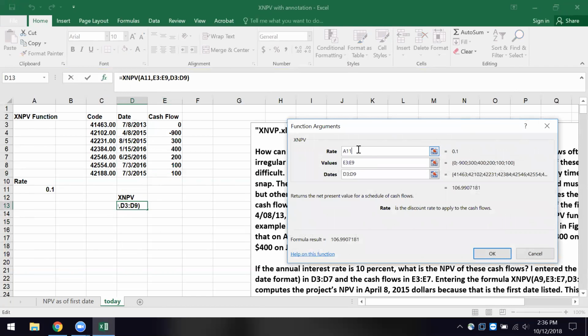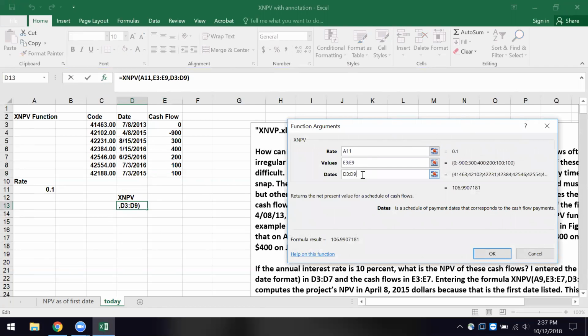It's 10%. Then the values are E3 through E9. He talks about that in the book, and he's a row or two off, but the values are E3 to E9. And the dates are D3 to D9.